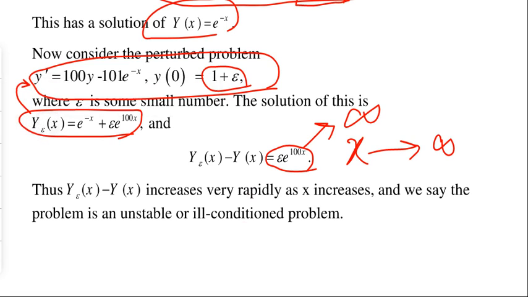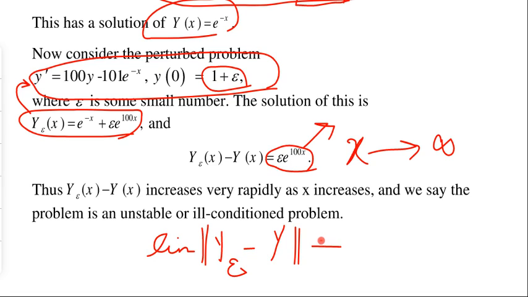So in this case, when x goes to infinity, let me write in this form, limits of the norm y epsilon minus y goes to infinity when x tends to infinity.